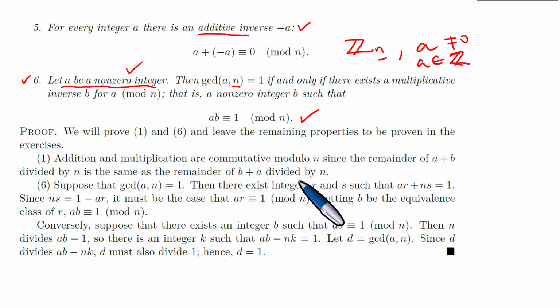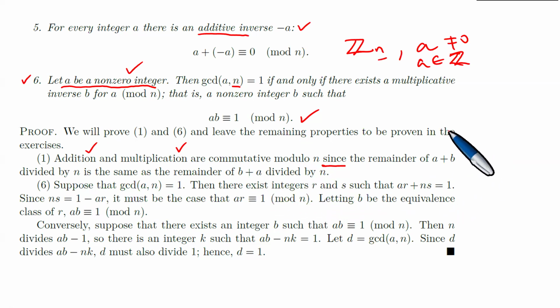Look at how the author of the book proved this, because we shall be using this in the textbook exercises. But the question is, how would you prove the commutativity? This is the proof: addition and multiplication are commutative modulo n, since the remainder of a plus b divided by n is the same as the remainder of b plus a divided by n.